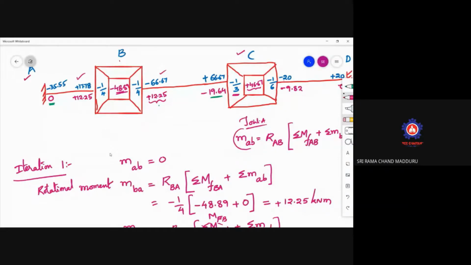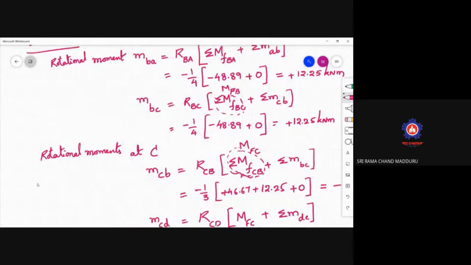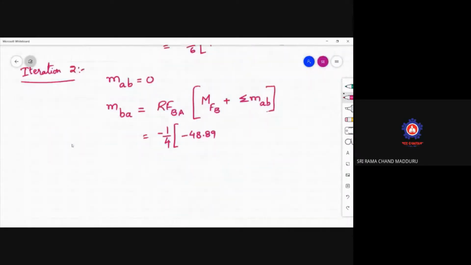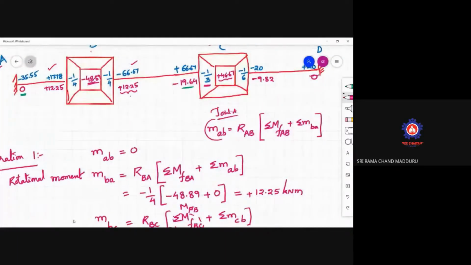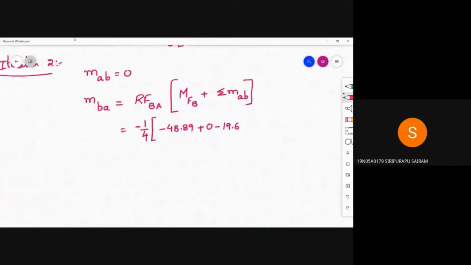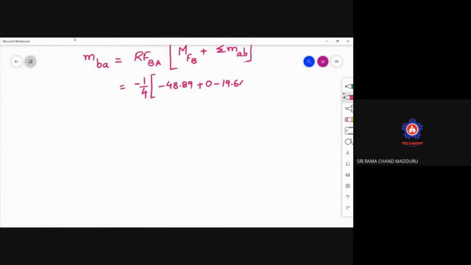So now, go back to our problem. We are writing here the rotational factor for BA, minus 48.89 plus 0 minus 19.64 minus 19.64.